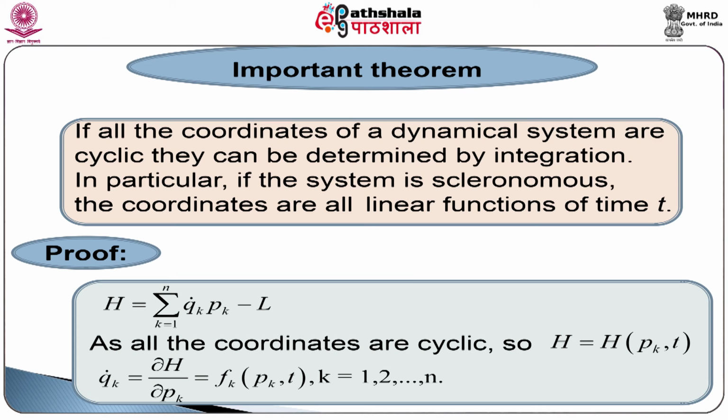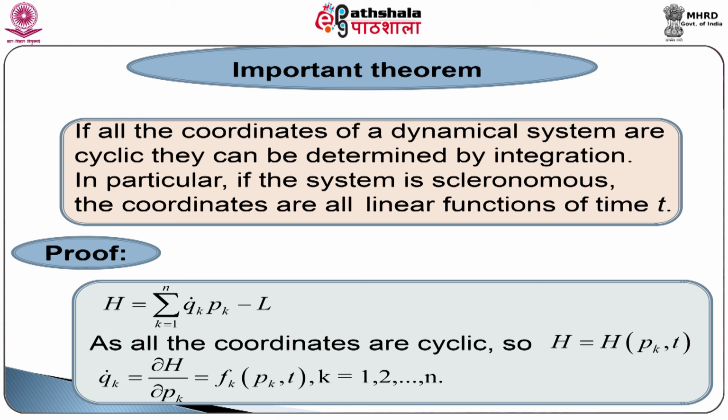As all the coordinates are cyclic, so Hamiltonian H can be expressed as H equal to capital H function of pk and t. There are no qk, as qk's are the cyclic coordinates. Here pk's are the generalized momenta of the system having n degrees of freedom.